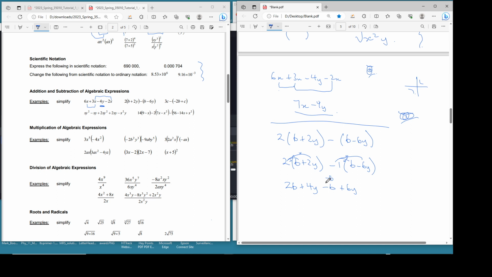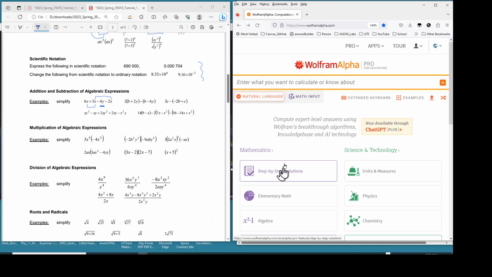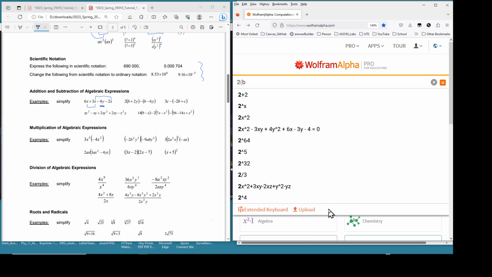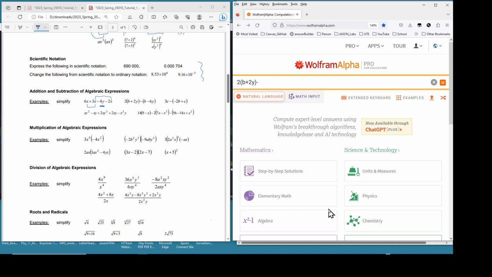Okay, very straightforward. Alright, now when you're doing things like this, you can use technology to help you. If I put in this expansion that I just did, 2 bracket b plus 2y, close the bracket, minus another bracket 6b minus 6y.